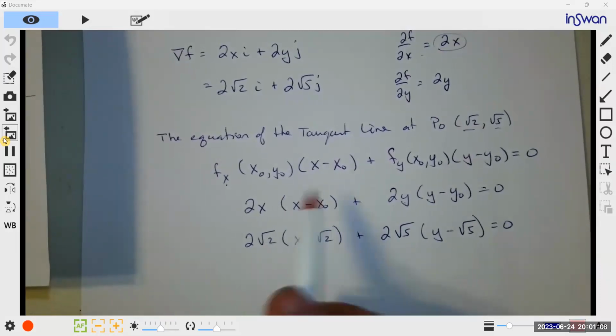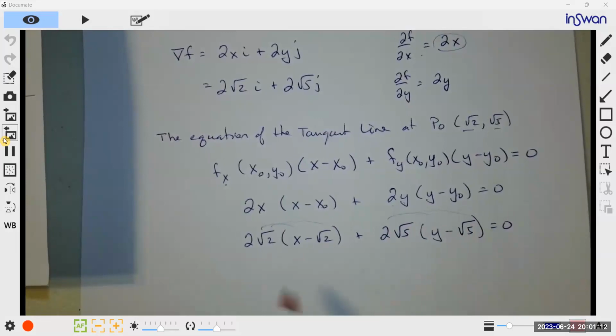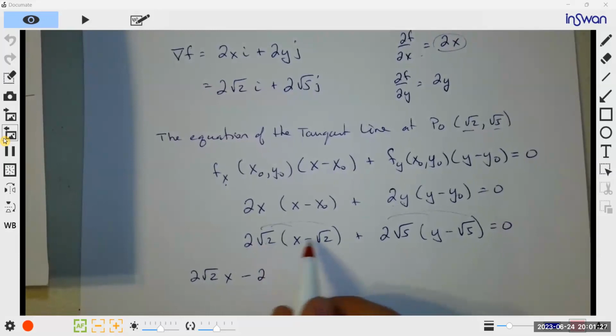Now, what we have to do to find the equation, get rid of the parentheses, keep all the xy to one side, and the constant on the other side. So we have 2 radical 2x minus 2 radical 2 times radical 2 is 2.